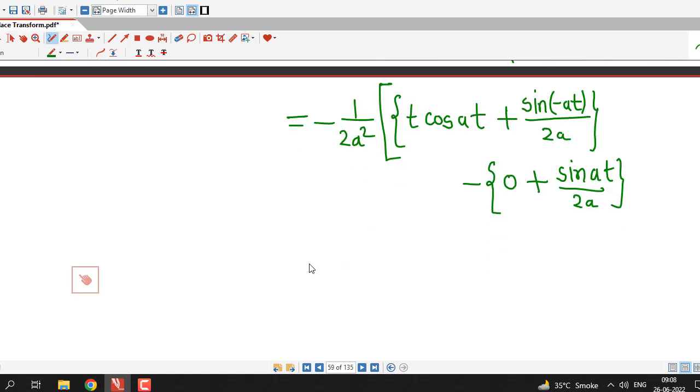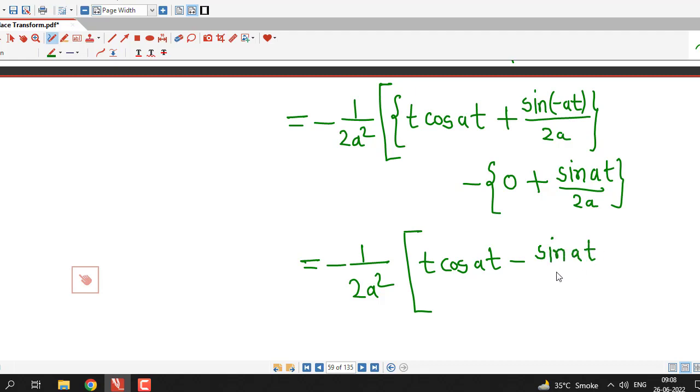Now we simplify this, minus 1 by 2a square. Here we have t cos at as it is. Now here sine of minus at is minus of sine at. Sine is an odd function, so the negative sign will come out, divided by 2a, and this is minus sin at divided by 2a.